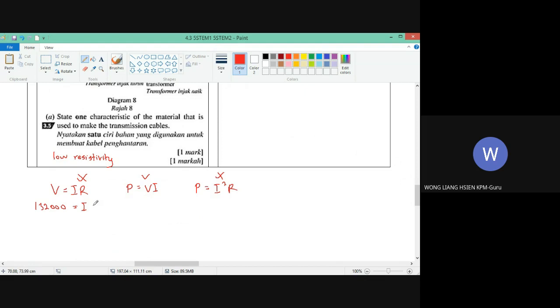If they calculate with 132,000 volt and 600 ohm, they will get the wrong answer.